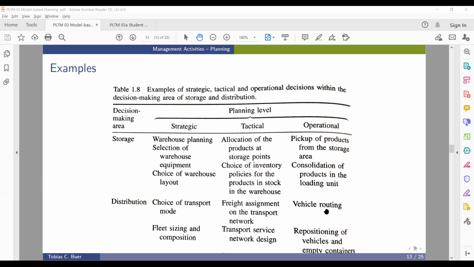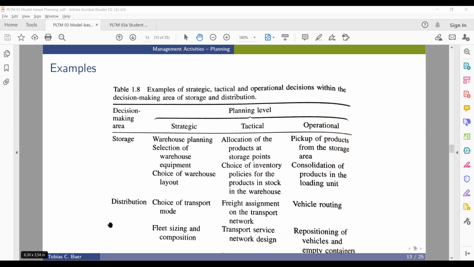So this is the vehicle routing problem, and a more strategic decision might be about the fleet size and composition. So how many trucks should you own as a trucking company? What sizes should these trucks be? Only big trucks, only medium-sized trucks, small-sized trucks? Should we go for diesel trucks only, or should we do something like electric trucks?